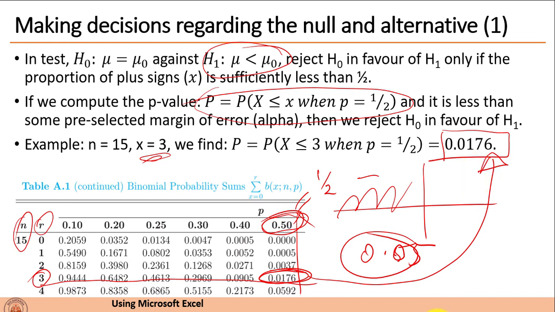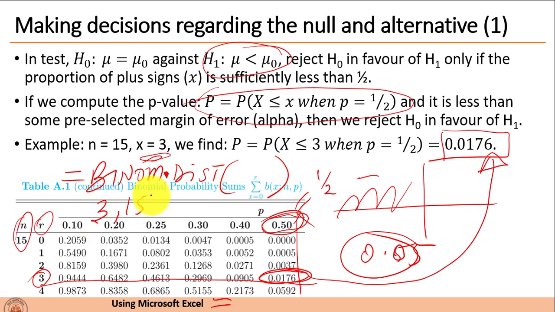Alright, so if you don't have the table, this is what you can do. Using Excel, you write BINOM.DIST for short, then inside the parentheses, you write the x first, that is 3, comma.